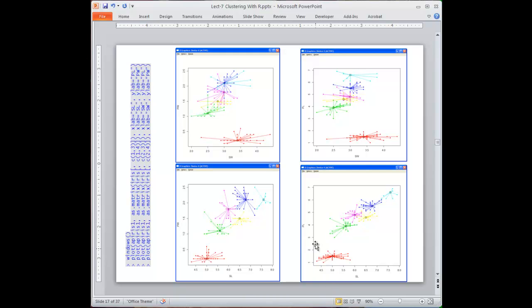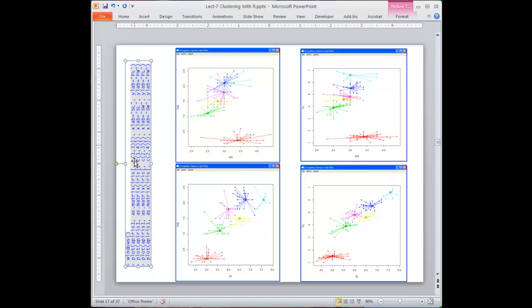This is column 1, column 2, column 1, column 3. Sepal width, petal length is column 2 and column 3. Sepal width, petal width is column 2 and column 4.